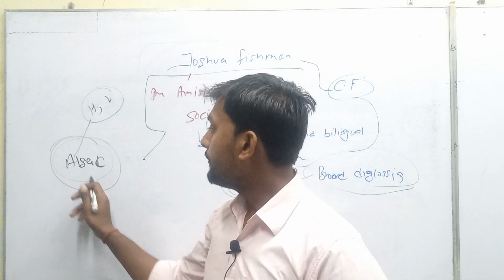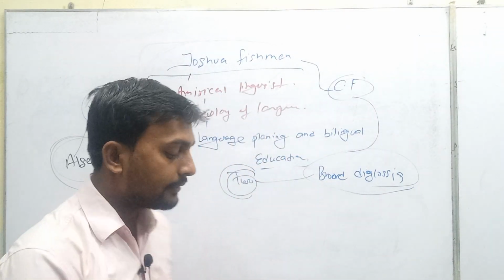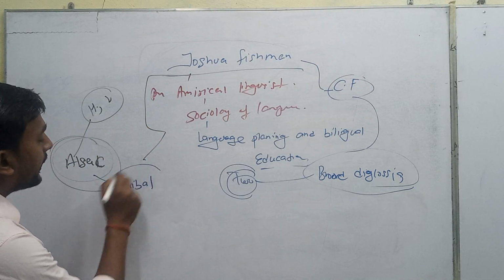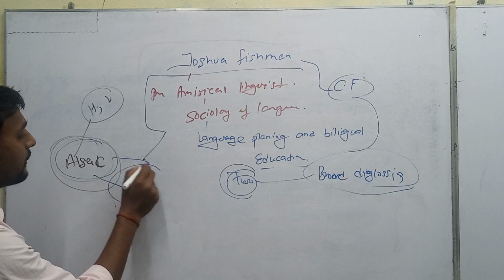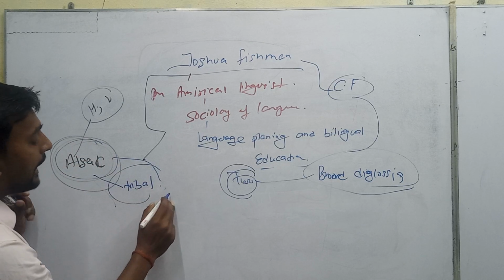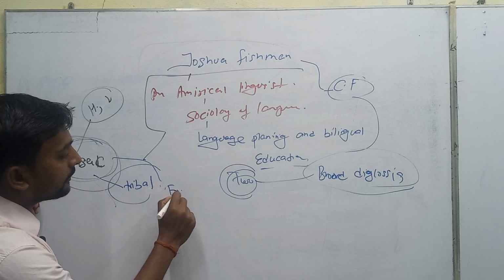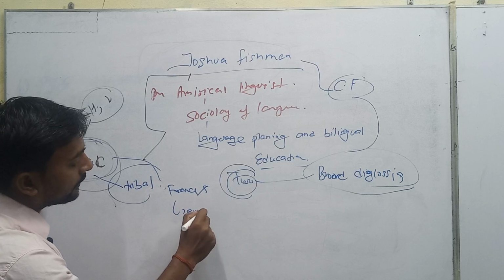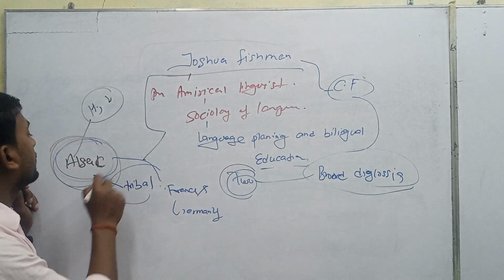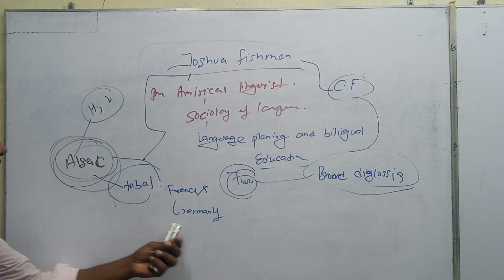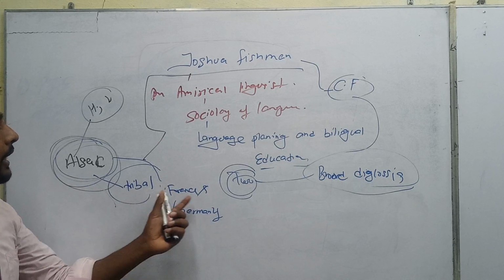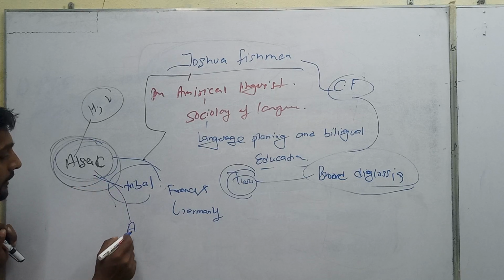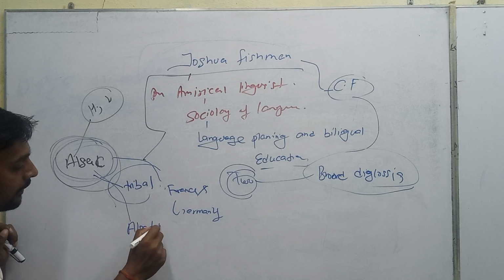It is a tribal community that lives between France and Germany, and this tribe is known as the Alsiotic tribe.